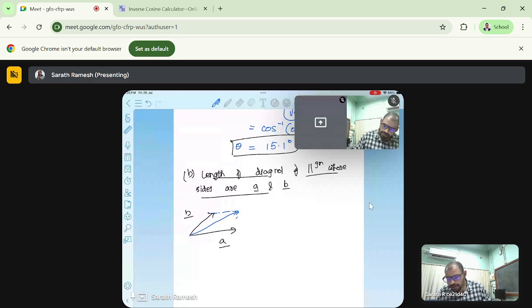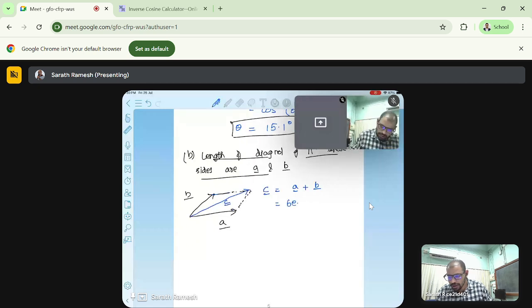Now just add these two vectors. When we add A plus B, A is 2Ex plus 4Ey plus 3Ez. So B is this. When we add, we will get 6Ex plus 10Ey plus 11Ez. Okay.